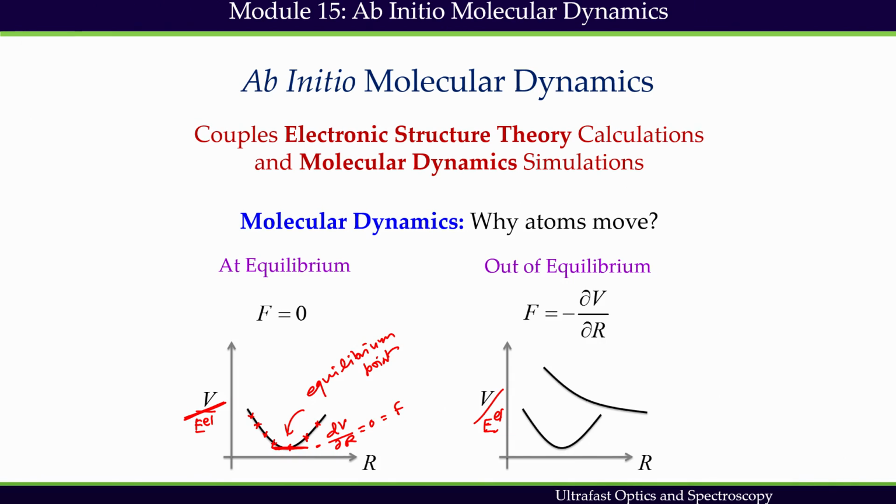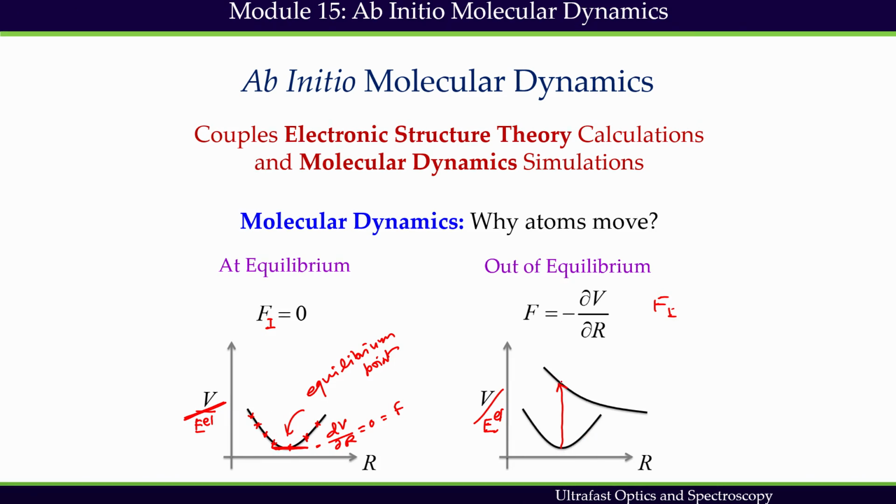So at equilibrium, the force F I on the ith nucleus, for a particular nucleus, is going to be 0, and out of equilibrium, this force is not going to be 0. For example, when we excite a molecule to the electronically excited state, it reaches a potential energy surface which is entirely different from the ground state potential energy surface.